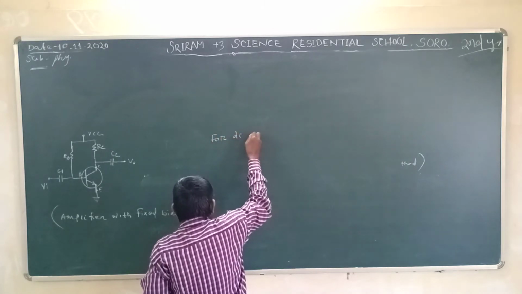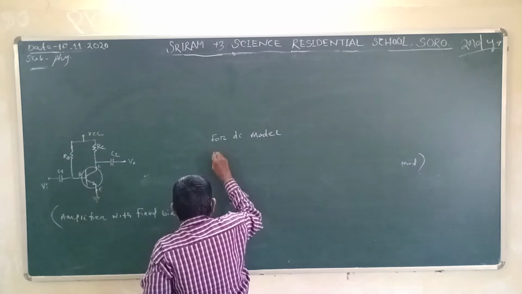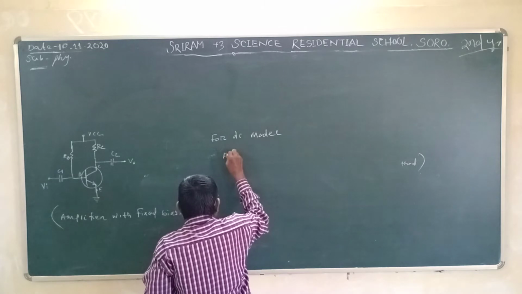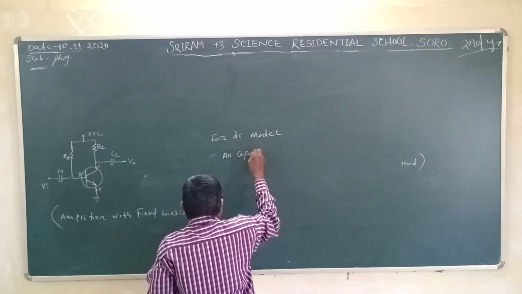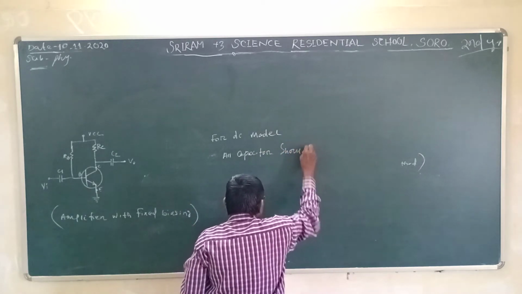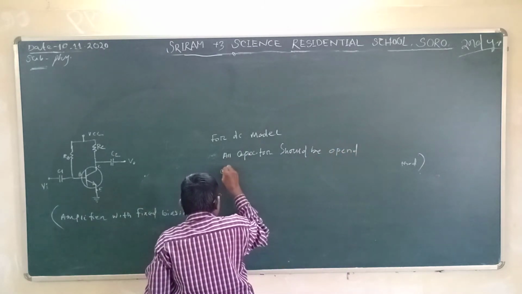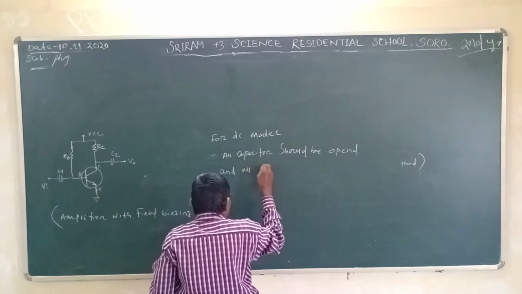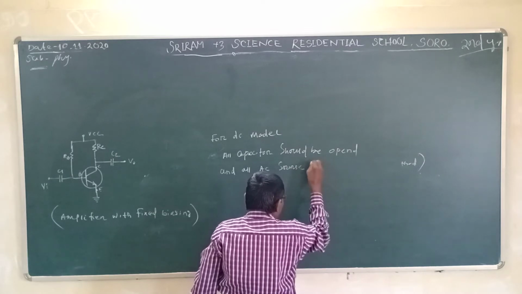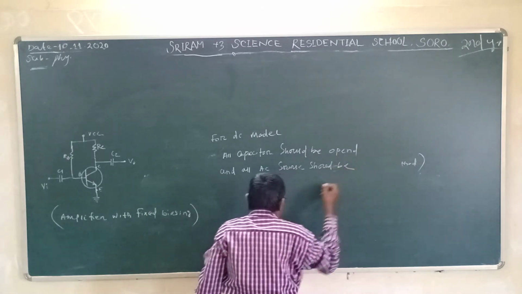For the DC model, all capacitors should be open and all AC sources should be removed.